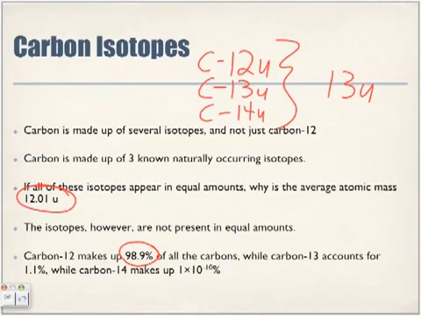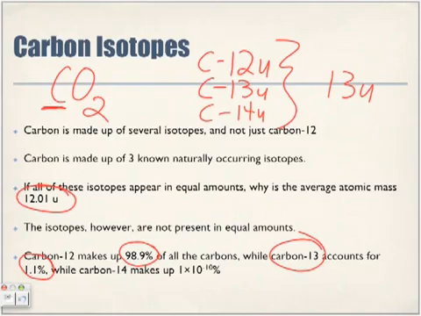So if we looked at something like carbon dioxide, 98.9% of the carbons in this formula is made up of the carbon-12. Okay? The carbon-13 is 1.1% of it. So 1.1% of the carbons found in all the molecules of carbon dioxide is only going to be the isotope carbon-13, which will have the extra neutron. Okay? And then we have carbon-14.